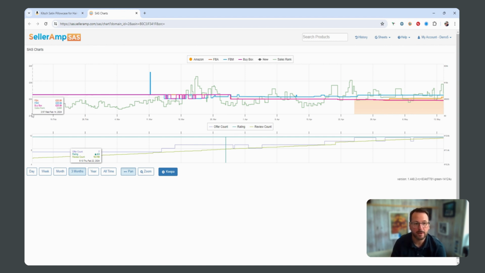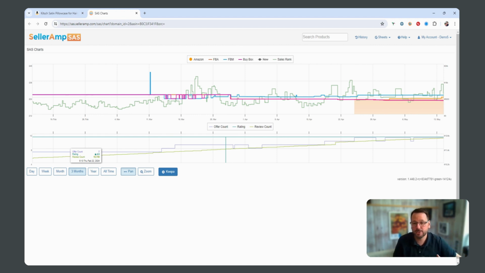Now, first of all, the green line. With the green line, you want activity. You want it to look like either a heart rate monitor or some sort of city skyline. That represents activity because what matters here is that the line is low and it wobbles. That's really important. Ultimately, the lower the line, the more it sells.